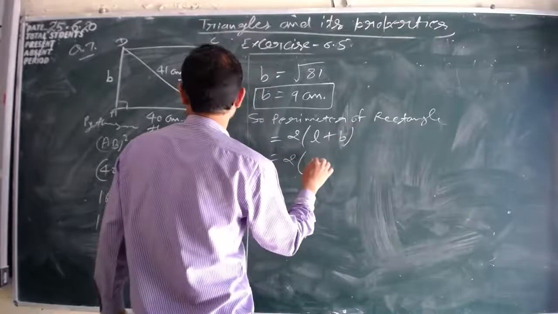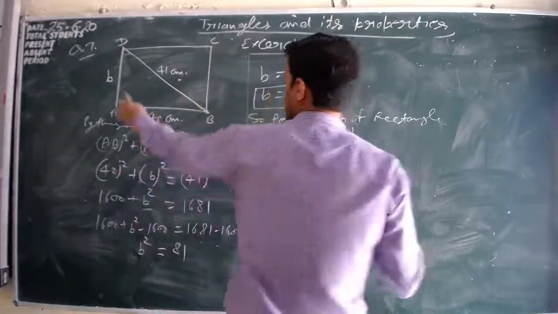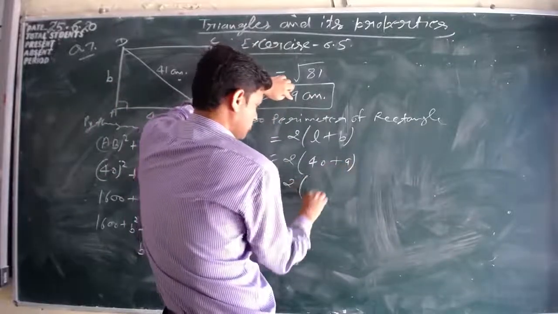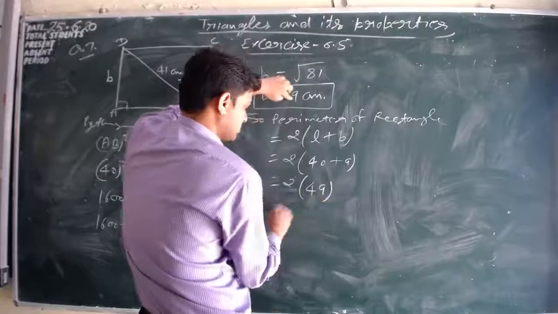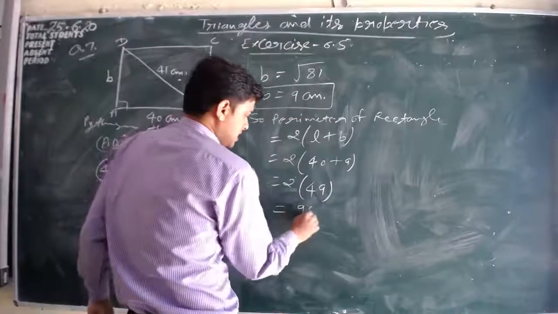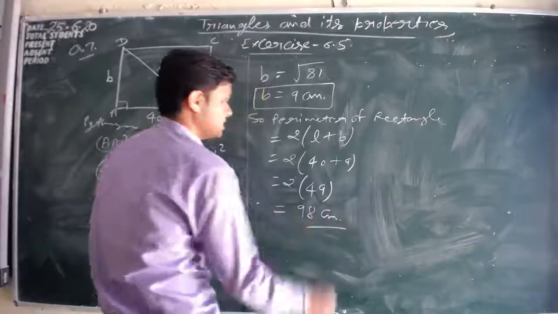Length is 40 centimeter and width is 9 centimeter. So 2 into 49 is equal to how much? It will be 98 centimeter.